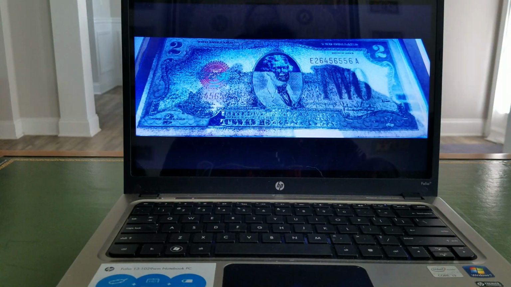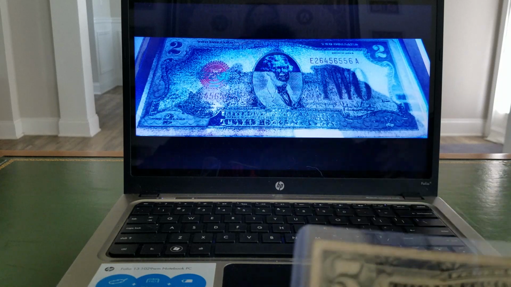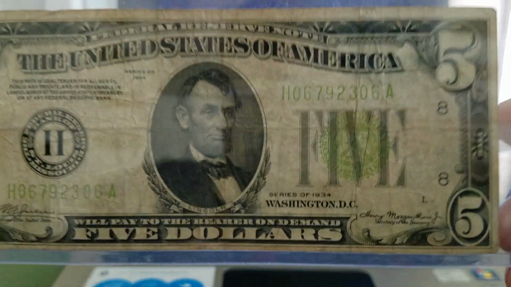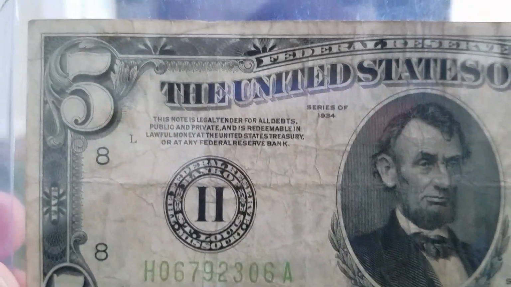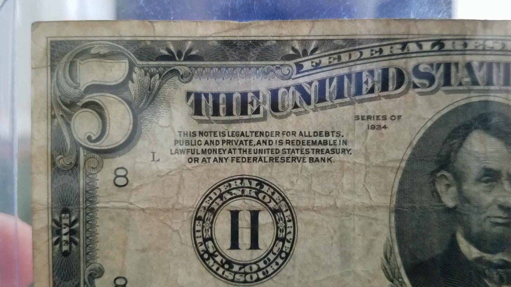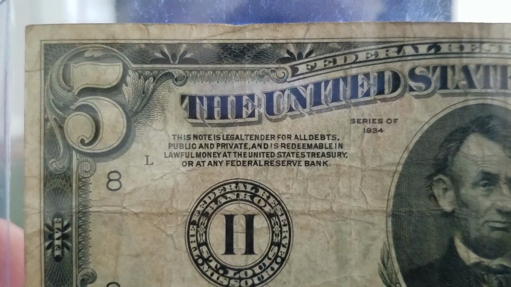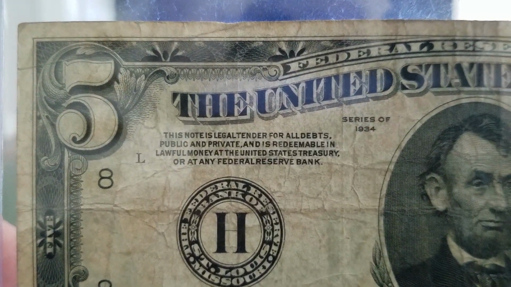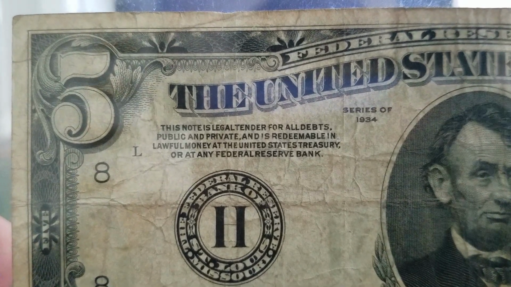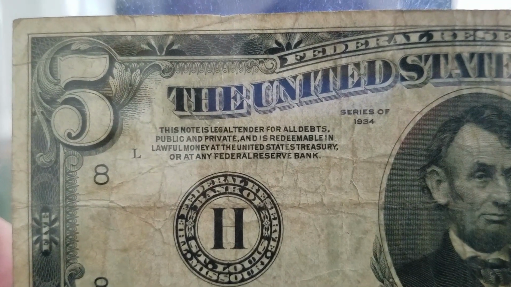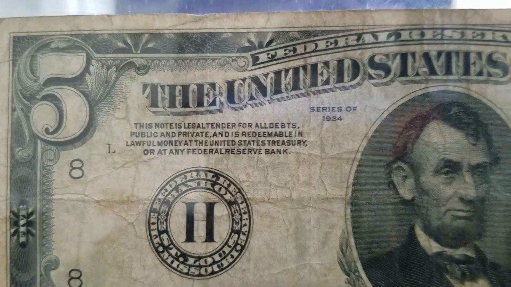Now, the next significant date in regards to the series is on the 1934 series. That gold obligation was dropped. So as it says, this note is legal tender for all debts, public and private, and is redeemable in lawful money at the United States Treasury or any Federal Reserve Bank.